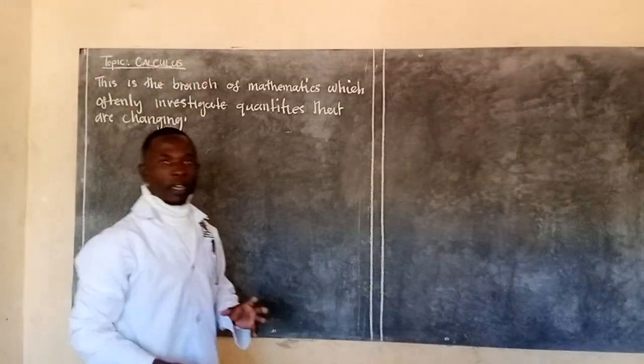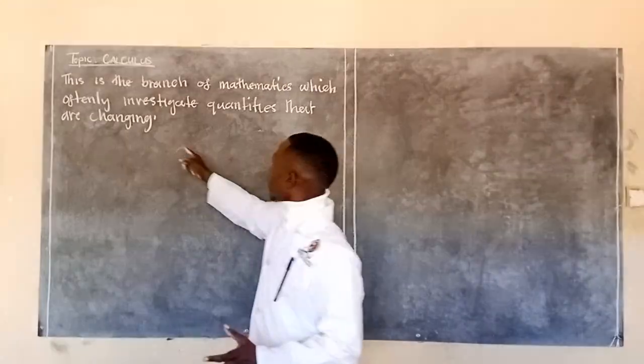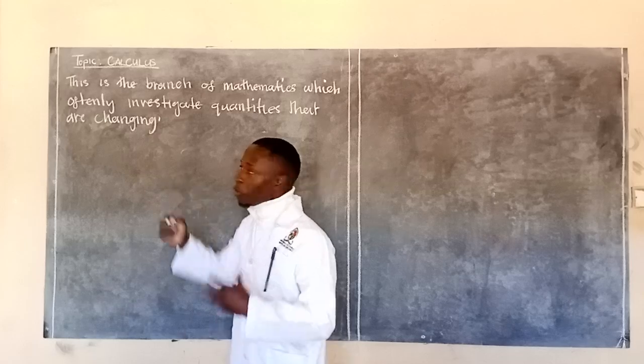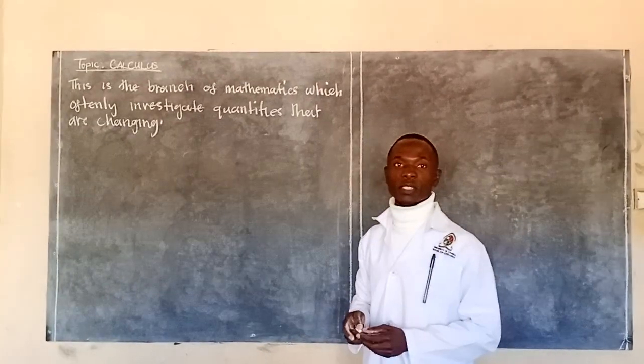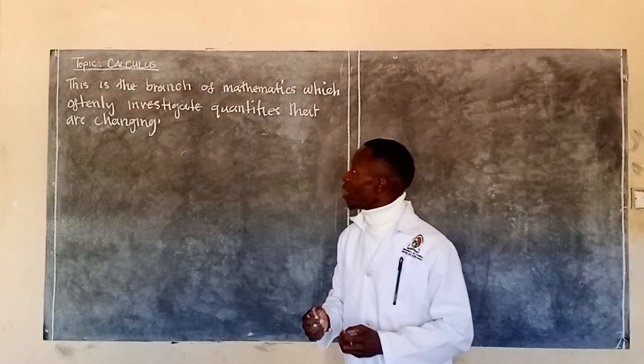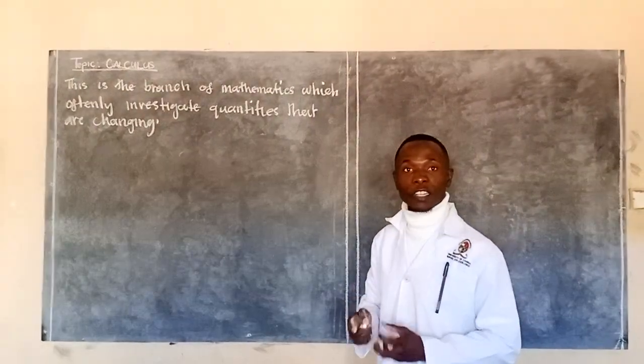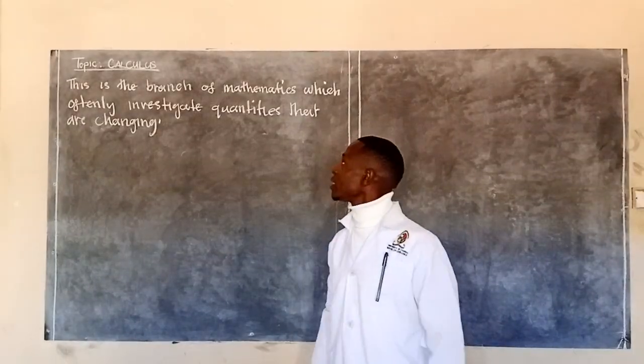We said the quantities that are changing in calculus are going to be represented by dy dx, the difference in y and the difference in x. So calculus is the branch of mathematics that often investigates the quantities that are changing.